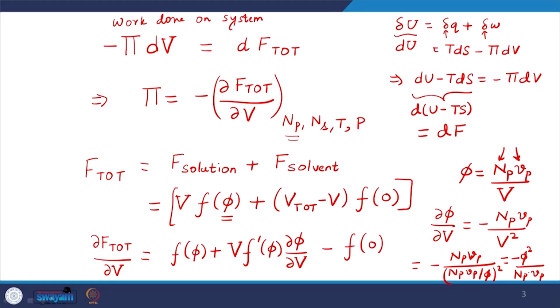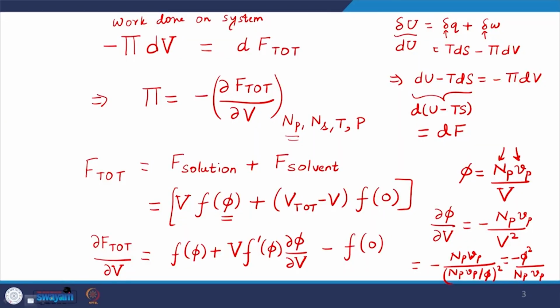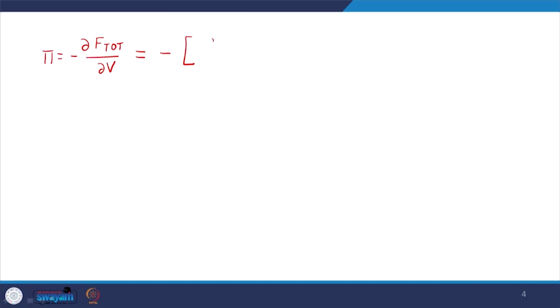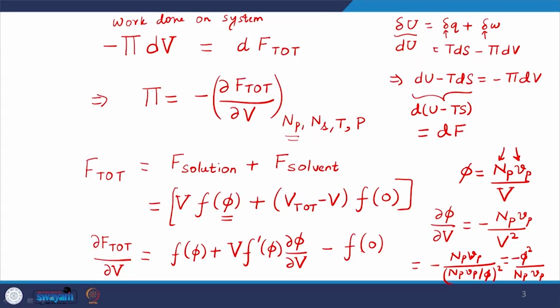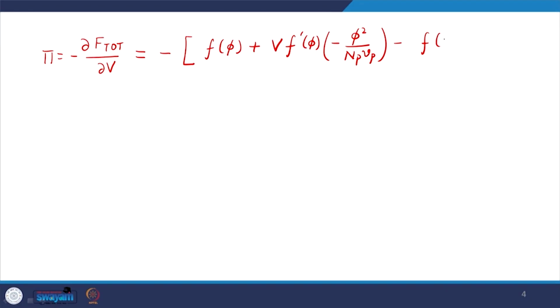So, if I put that in here, what we then have is my pi as minus f minus ∂f/∂v, that is minus of this quantity that I had, and then finally we had minus f of 0.